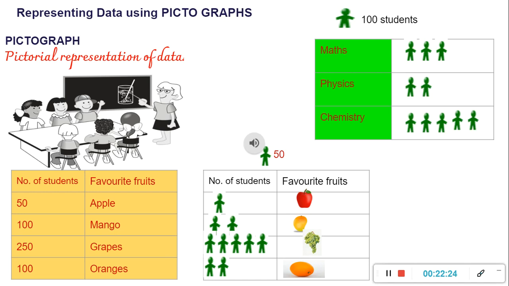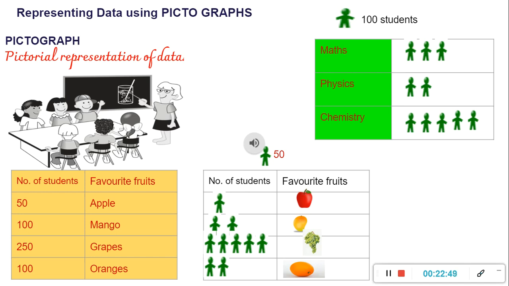Now, looking at this pictograph, if I ask which subject is liked by most of the students, quickly, even without knowing whether maths is liked by 300, physics by 200, and chemistry by 500, just looking at the pictograph, you can very quickly see that chemistry is the subject liked by most of the students, isn't it?